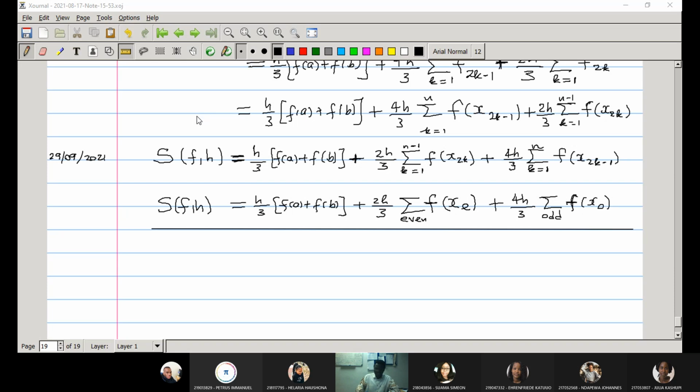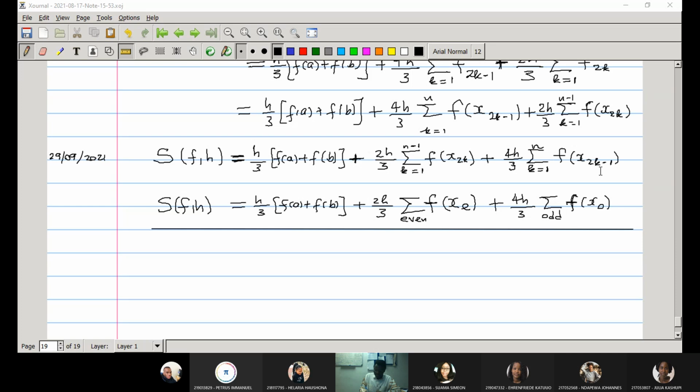Or rather, instead of toggling from one screen to the other, which sometimes takes some delay, let me just copy the example from the notes and write it here for you, so that I avoid toggling from one screen to the next.